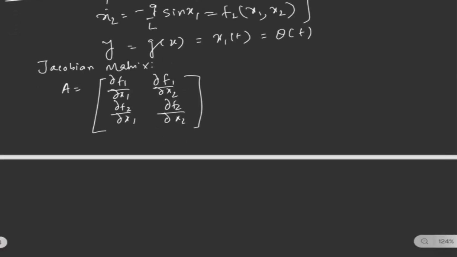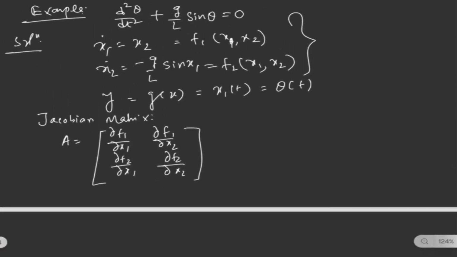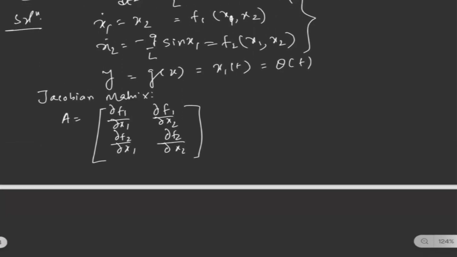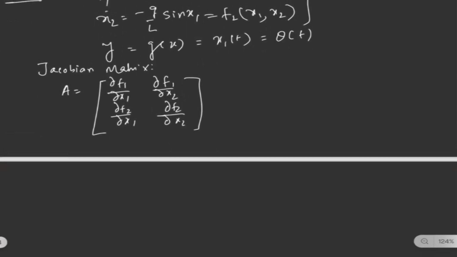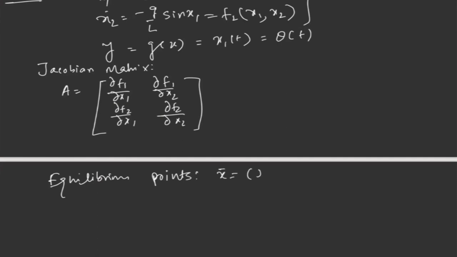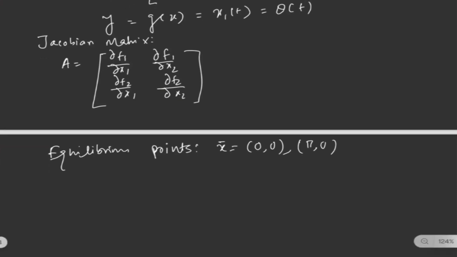If you notice, for this pendulum system, we had two equilibrium points. The equilibrium points you have already found for the system: x bar equal to (0, 0) and (pi, 0). So it means we have two Jacobian matrices with the respective equilibrium points.